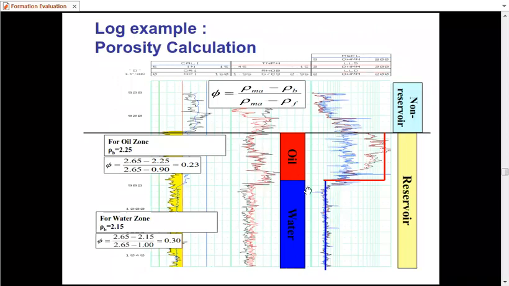So if you are dealing with this value, you are dealing with the oil zone here and the water zone here, as the resistivity and porosity logs are affected by the water fluid zone.